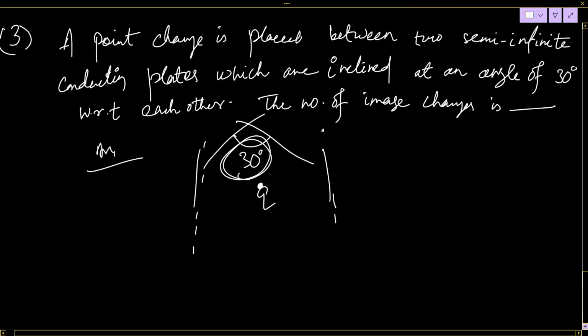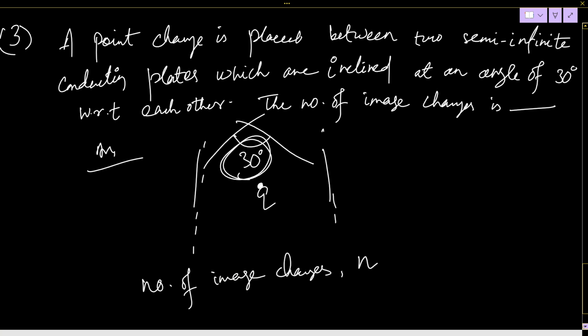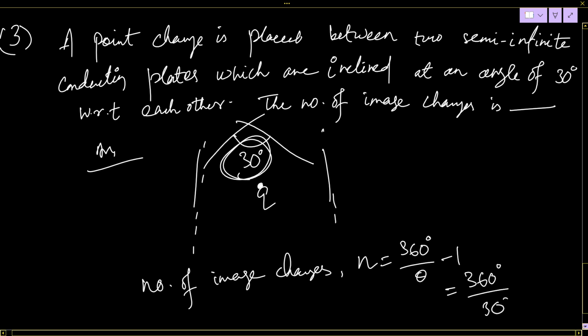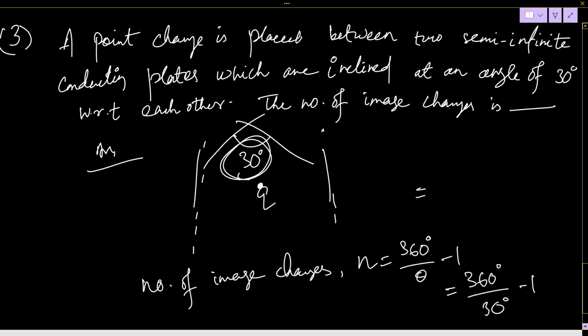Number of image charges. So the formula for it is, number of image charges n is equal to 360 by theta minus 1. So 360 by theta, which is 30 degree, minus 1, that is how much? 12 minus 1, that is 11.